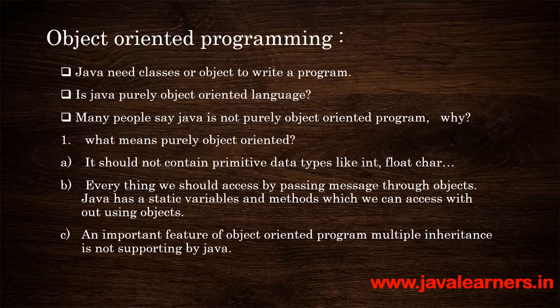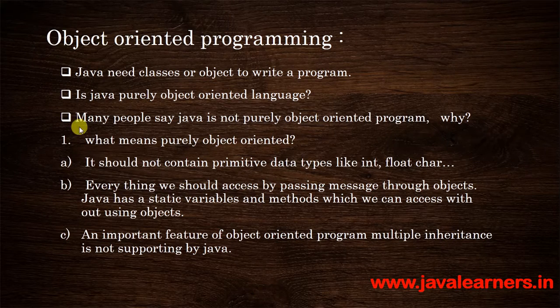Java has APIs which define the classes, methods, interfaces and everything, whatever the Java program or concept is. So how can we say Java is purely object-oriented?